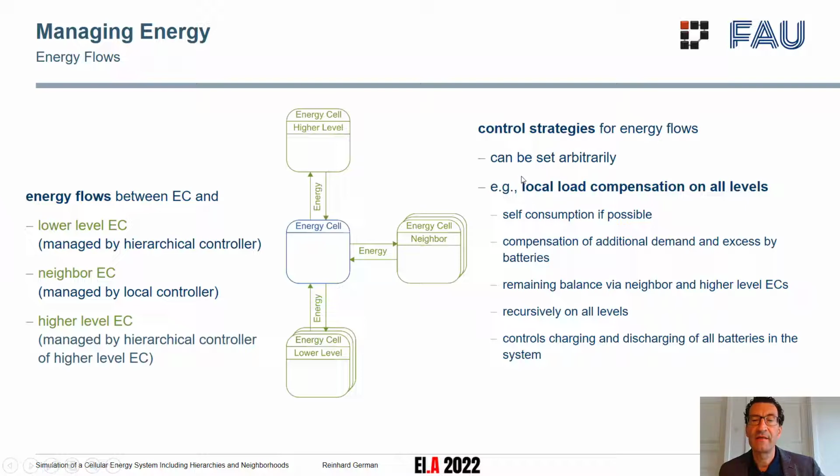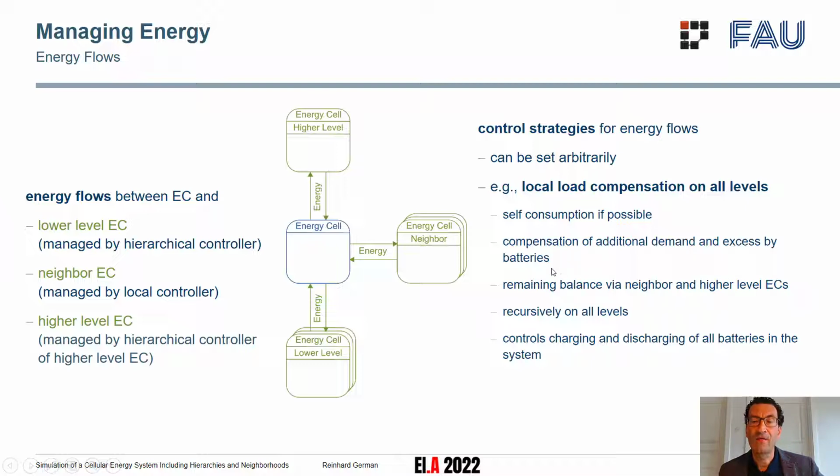Here we present one which tries to do local load compensation on all levels of the cellular energy system. So it tries to do a self-consumption on the current level if possible. If not possible, a compensation of the additional demand or excess by batteries, just by charging and discharging them.